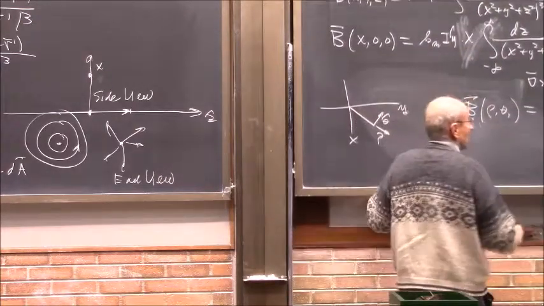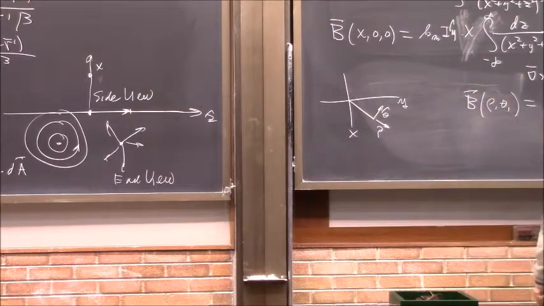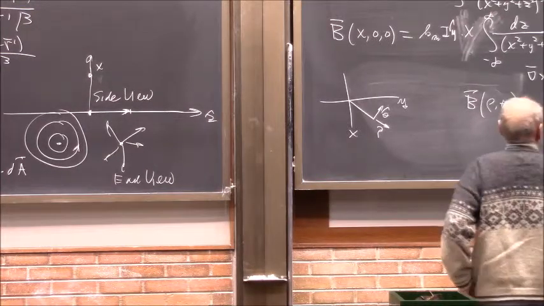Now, let me calculate the curl in terms of cylindrical coordinates, in which case it is rho hat d by d rho plus theta hat over rho d by d theta plus z hat d by dz, crossed into mu 0 I over 2 pi rho theta hat. And what do we get?